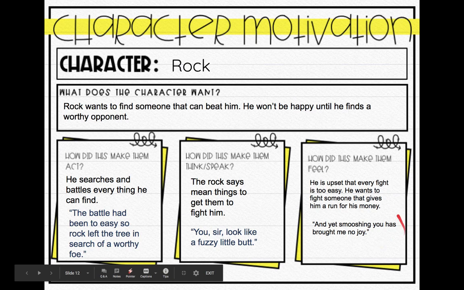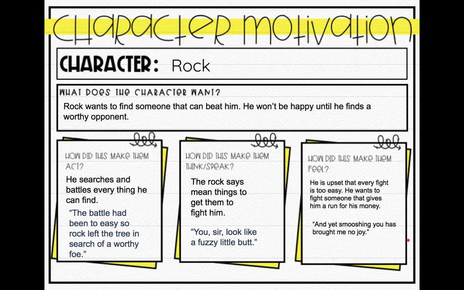And this tells us that even though he won, right? He's a big warrior. He's not happy because he wants someone who can beat him. And so this motivation right here of wanting to find a worthy opponent influences all of these things that he goes through to try to find someone who can beat him. So it influences the way he's acting, how he's thinking and speaking, and how he's feeling.